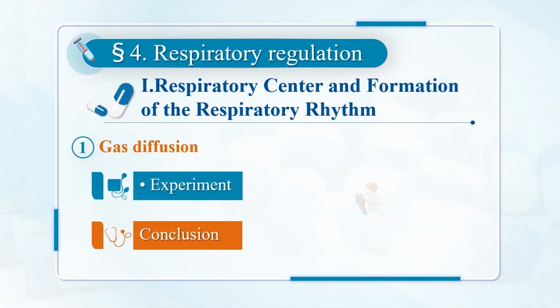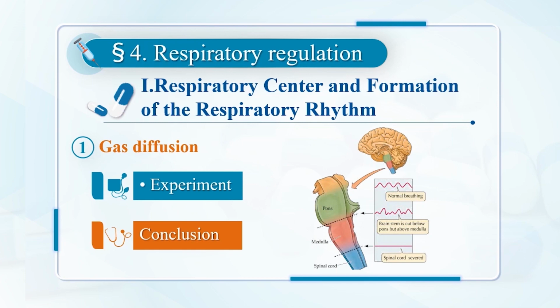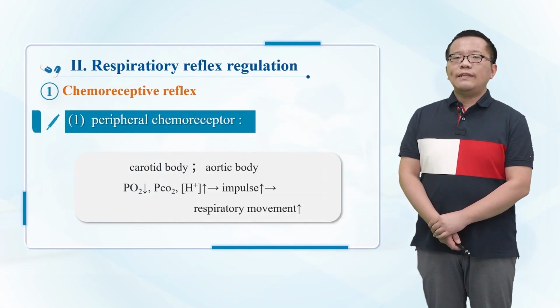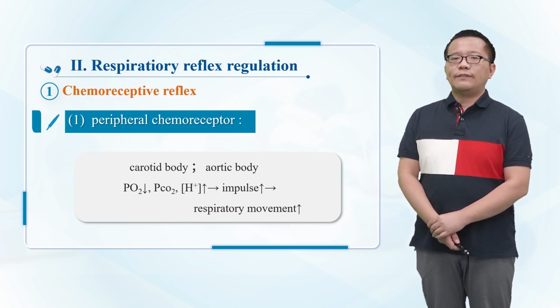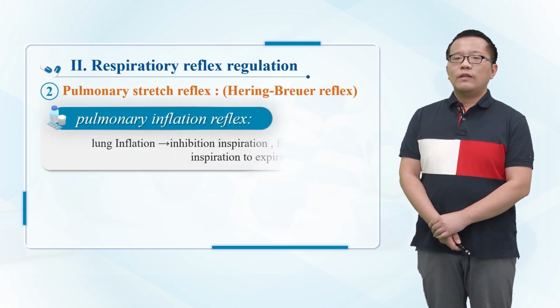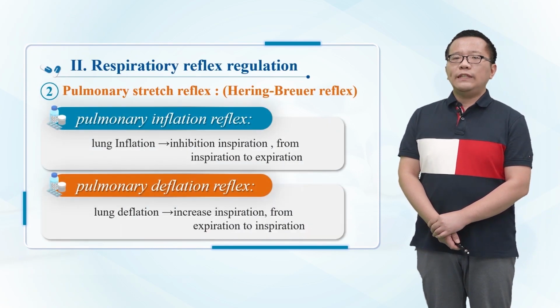The last, we will talk about respiratory regulation: the respiratory center and the formation of the respiratory rhythm. And there is respiratory reflex regulation, the chemoreceptor reflex. There are the pulmonary inflation reflex and pulmonary deflation reflex.